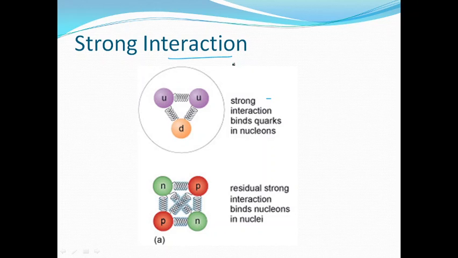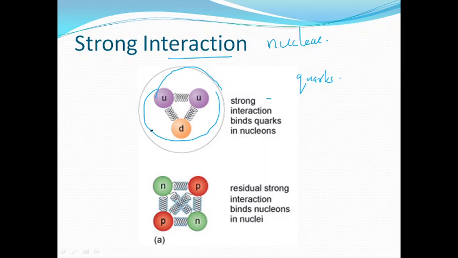This is also a nuclear force experienced within the nucleus, and this strong interaction is responsible for the binding of neutrons and protons inside a nucleus. We have also learned that each nucleon within the nucleus is composed of smaller particles called quarks, right?